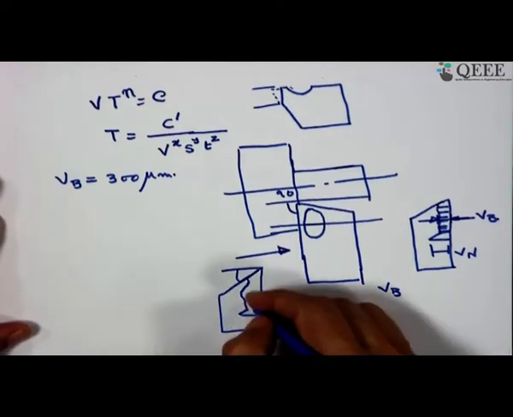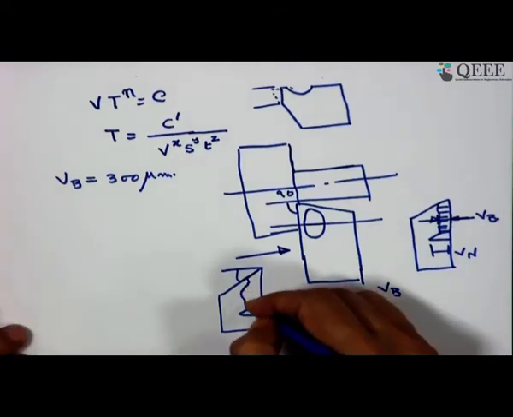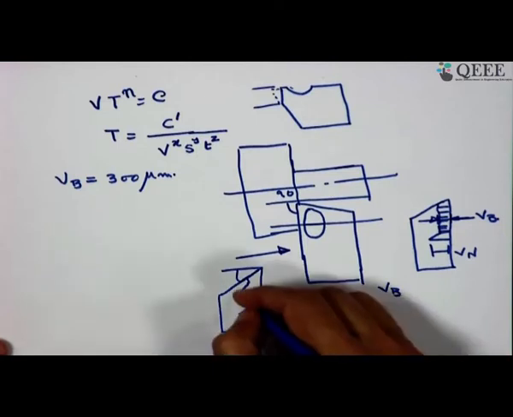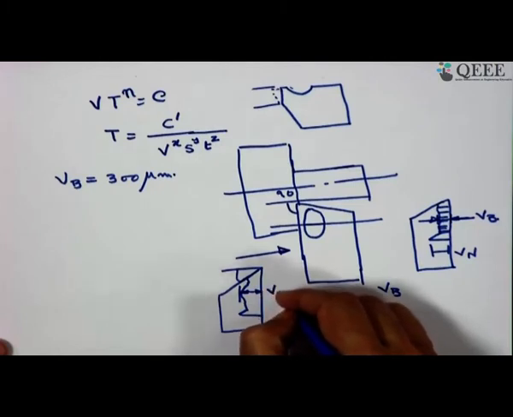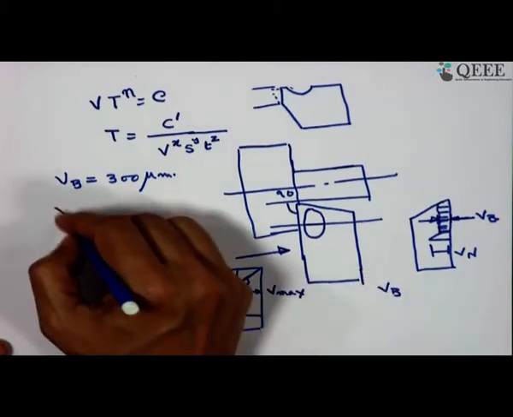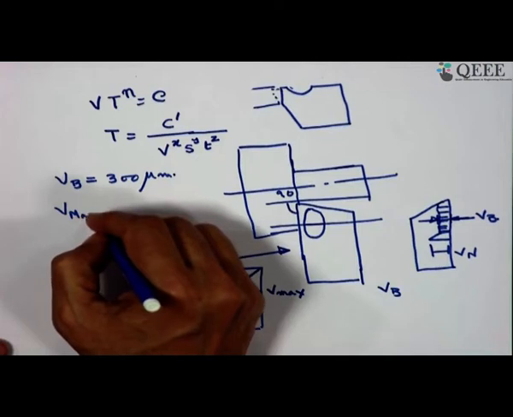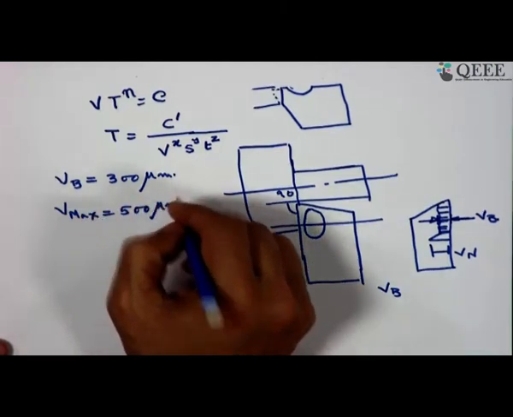So, in this case we cannot just take the average of this maximum and some minimum, but we have to take the maximum, and then we call it V maximum, and if it is a non-uniform pattern, then we put V maximum for the wear criterion, and that we take as 500 micron.